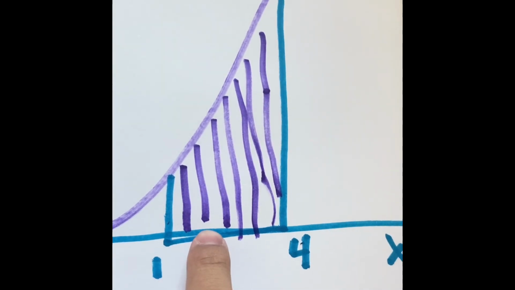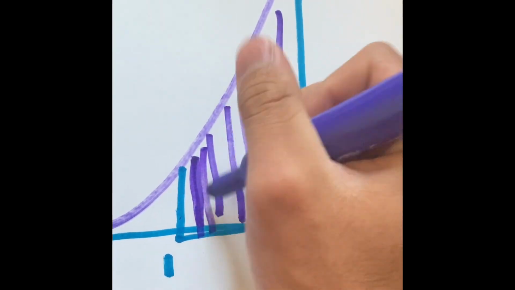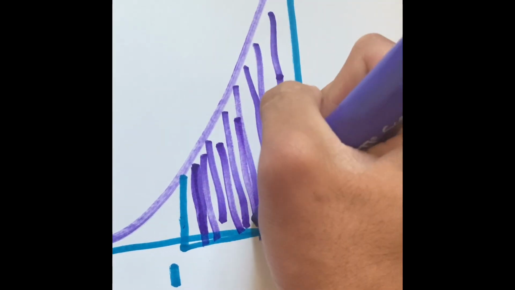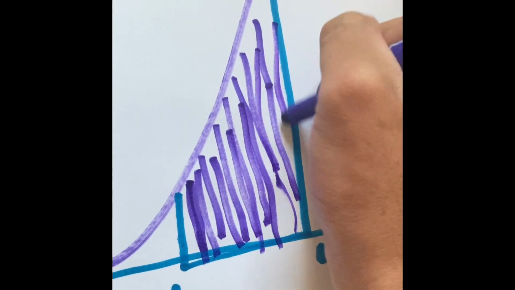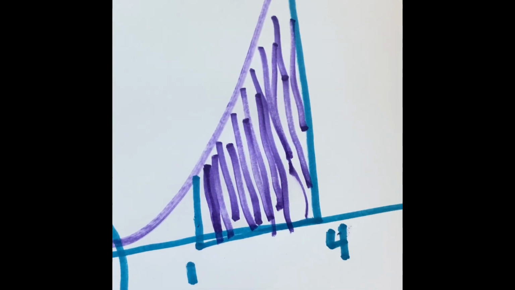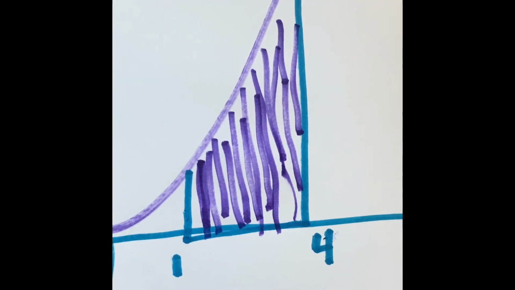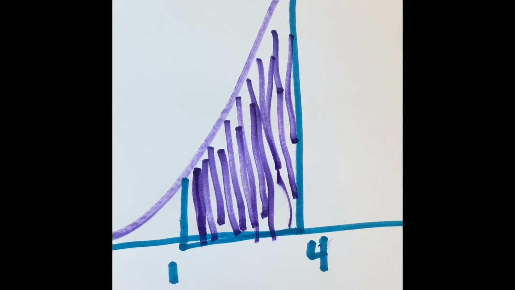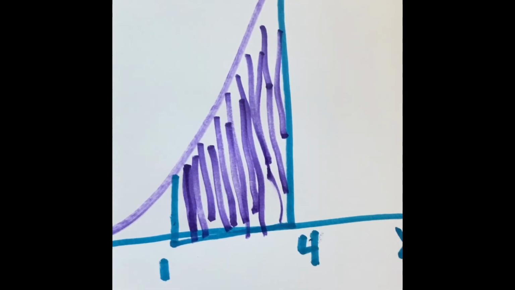If we wanted to make our answer even more accurate, we have to add more rectangles and make them a lot smaller, basically like pixels in a video game. But it's still not 100% accurate because it's still curved, and you can never have it 100% accurate by putting in more rectangles or pixels.